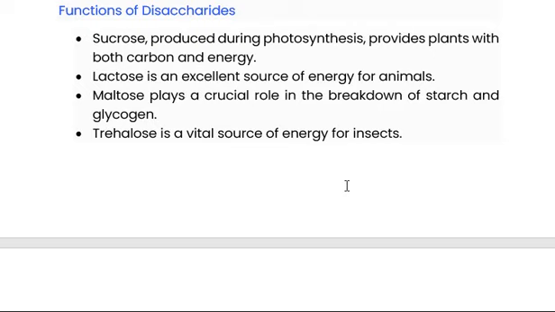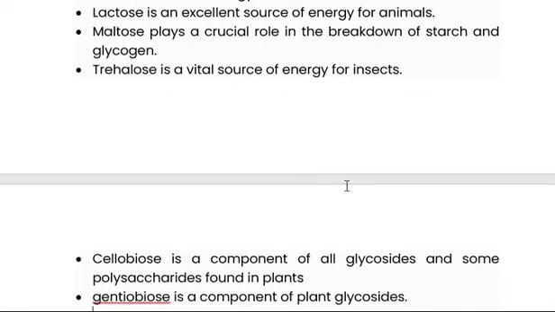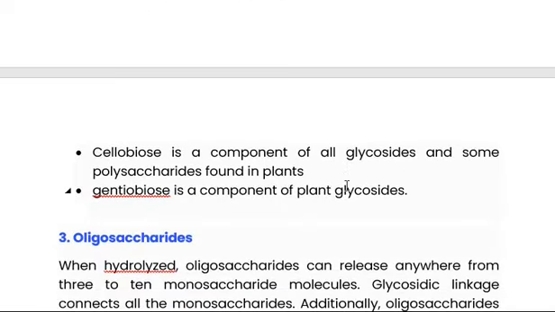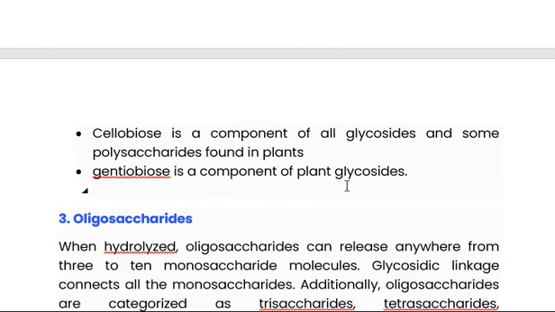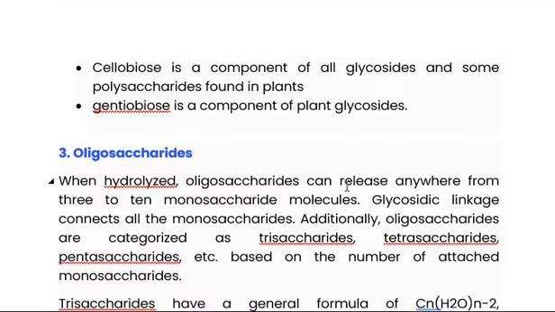While number four is that trehalose is a vital source of energy for insects. Number five, cellobiose is a component of all glycosides and some polysaccharides found in plants. Gentiobiose is a component of plant glycosides.